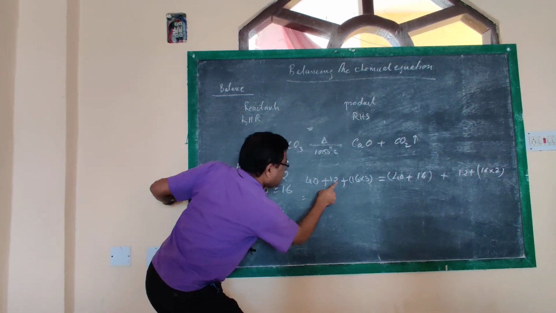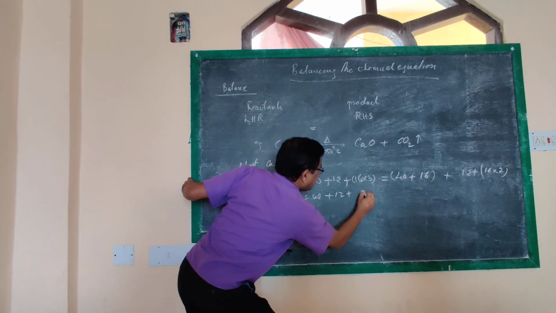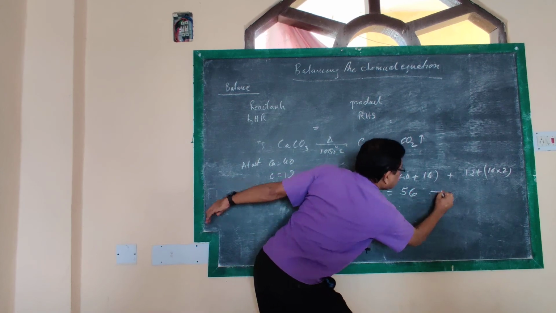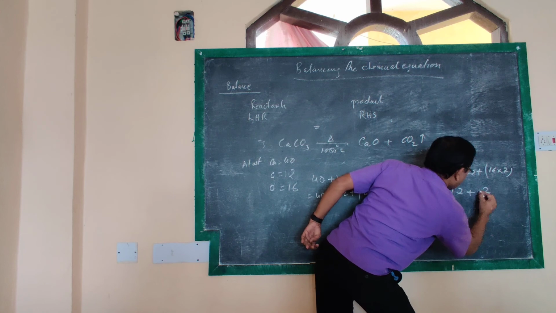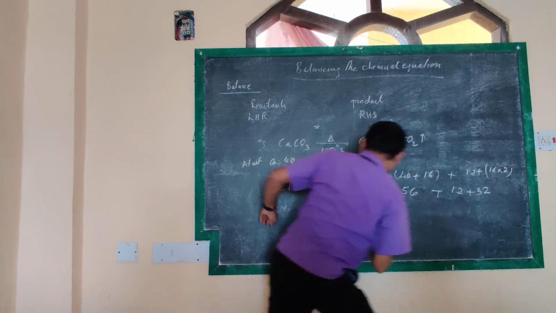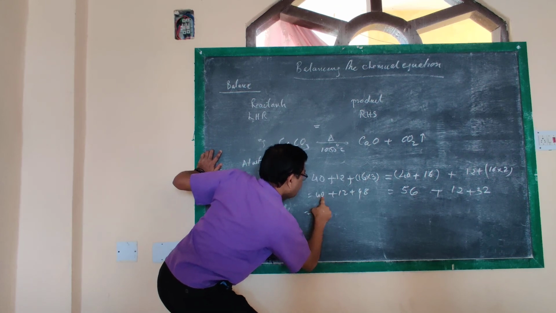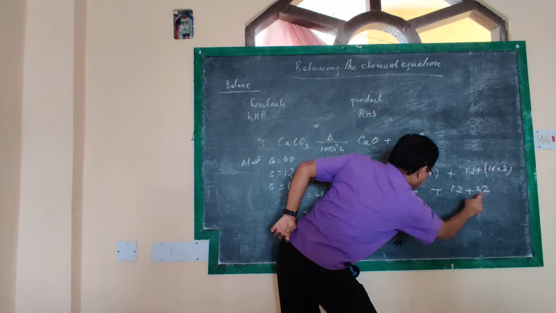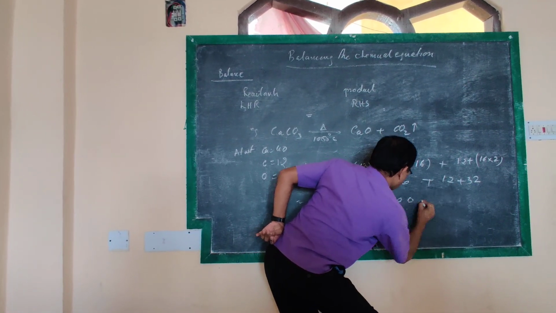So we get 40 plus 12 plus 48, which equals 56 plus 12 plus 32. That means we are getting 100 on both sides.